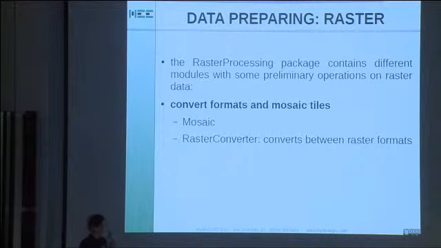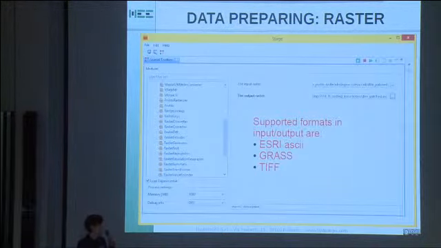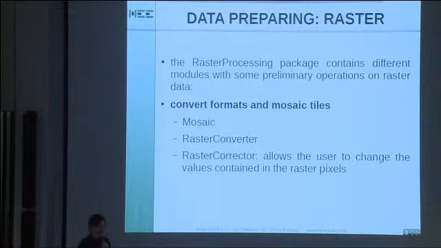Then there is another tool, the raster converter. It converts between different raster formats. We now support only ESRI ASCII, GRASS, and TIFF. And then another tool, for example, is the raster corrector. It allows you to change the values of each pixel inside the raster.